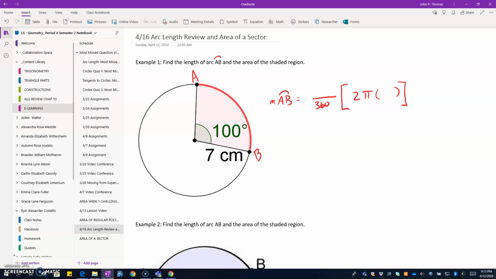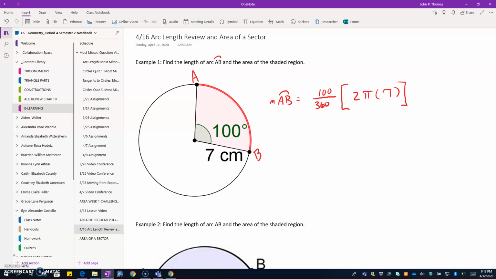This is really the template that I have for arc length. I'm using a 100-degree central angle, so I'm using 100 out of 360 parts of the circle. The circumference would be 2 pi r, and r is 7.